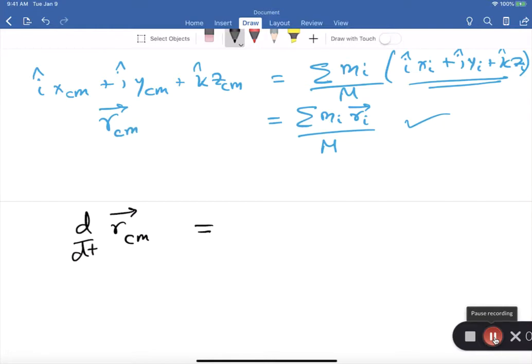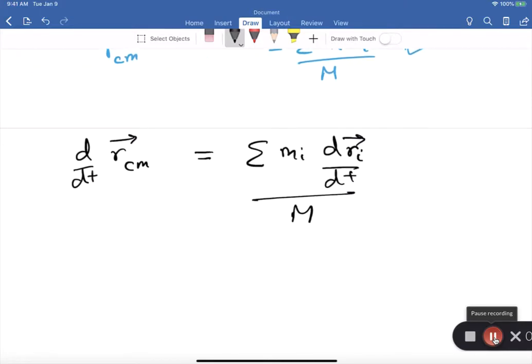So the derivative just acts on the ri. So you get summation mi dri/dt divided by M, right? Now you remember from chapter 3 that if you take the derivative of a position vector, you get a velocity vector.